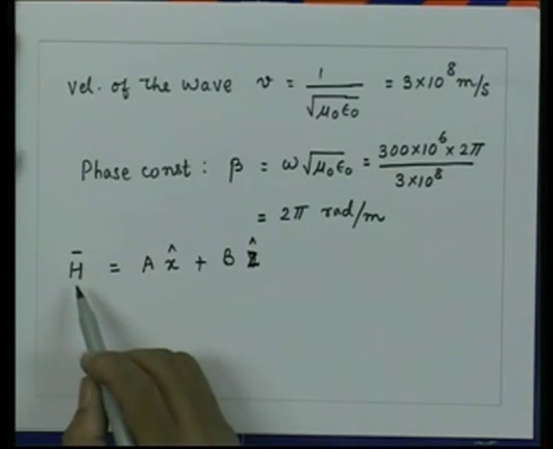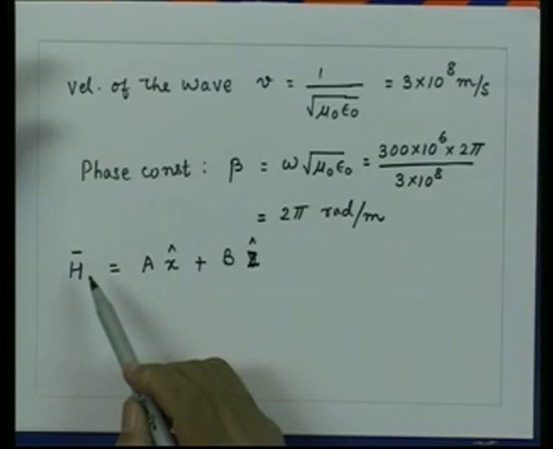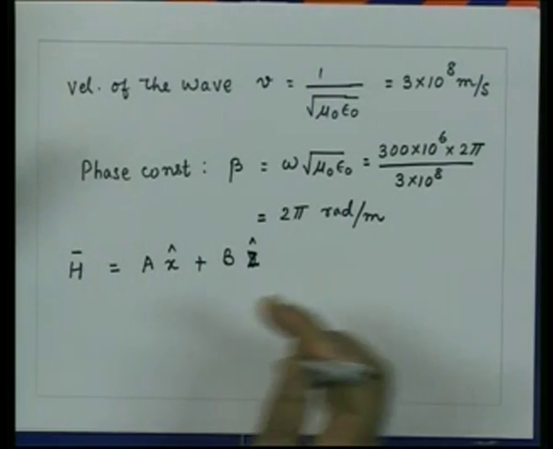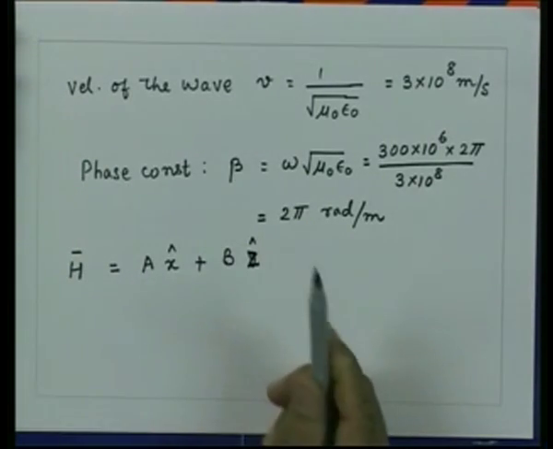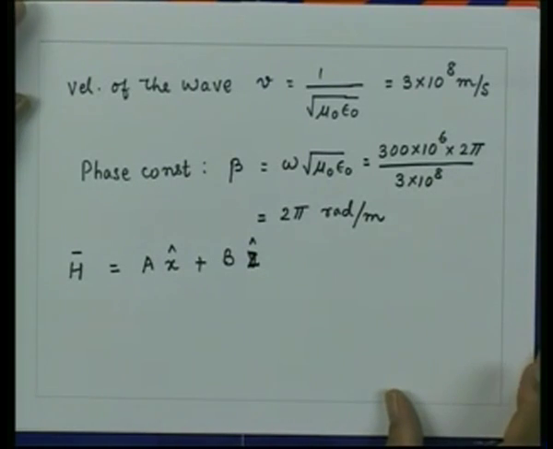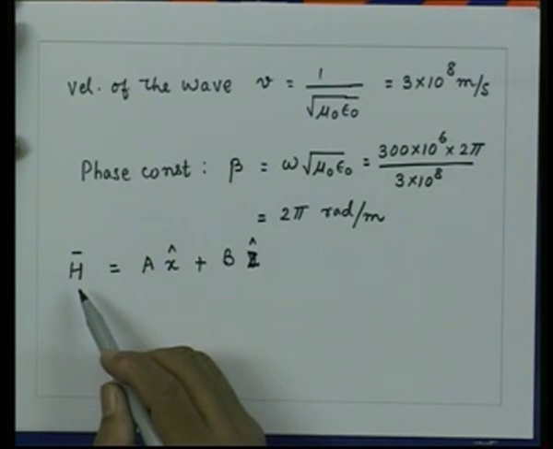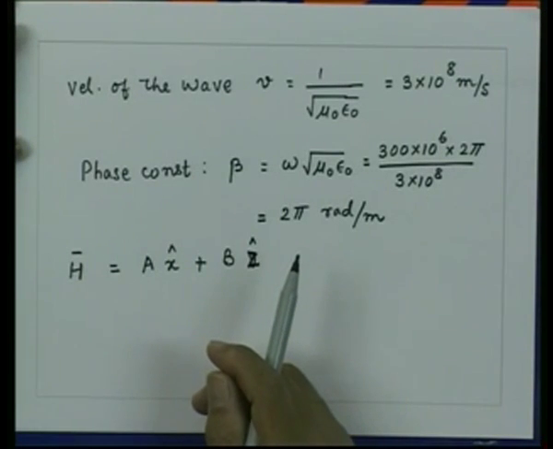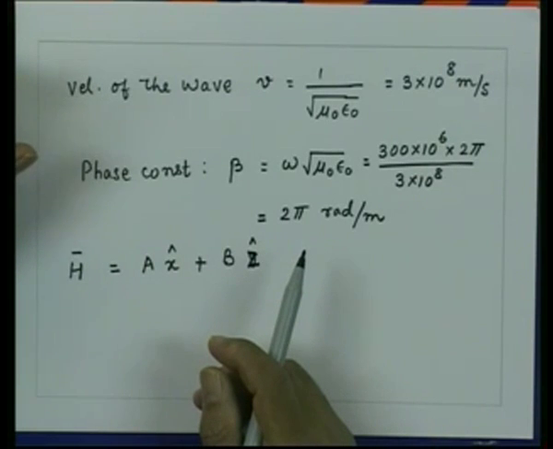So, now we have electric and magnetic field vectors which lie in the x z plane, and we know from the property of the uniform plane wave that the electric and magnetic field vectors also must be perpendicular to each other, and the ratio of the amplitude of electric and magnetic field is equal to the intrinsic impedance of the medium.